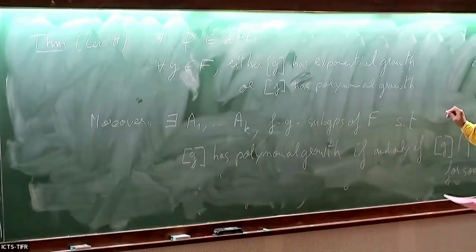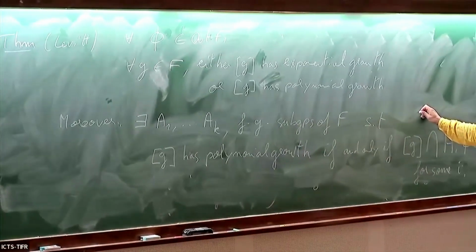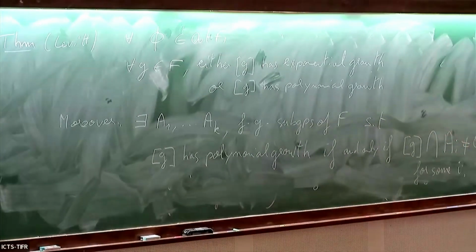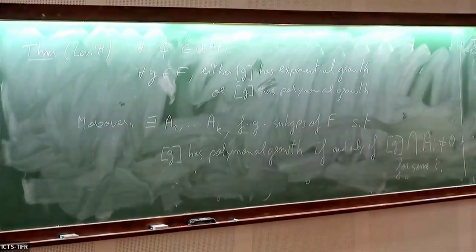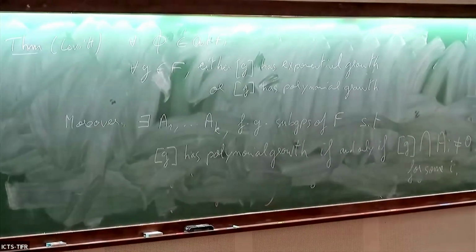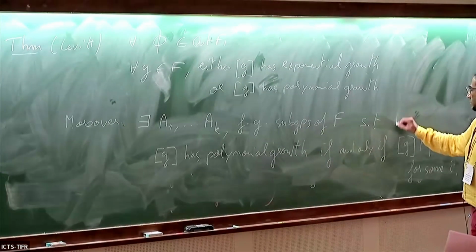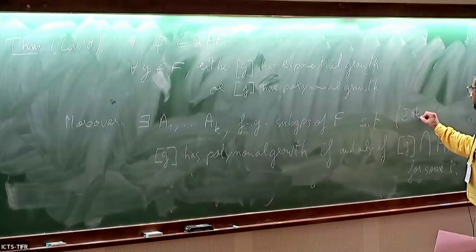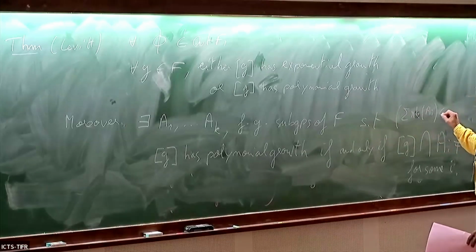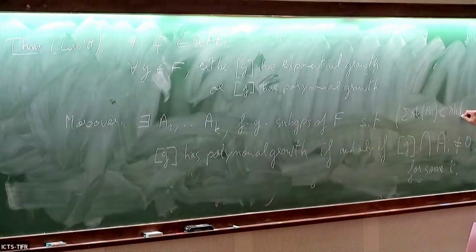And I want to add something, that they are all of lesser rank. Actually, their sum of rank is less than the rank of F. If I write in this generality, I have to place less or equal. Okay.